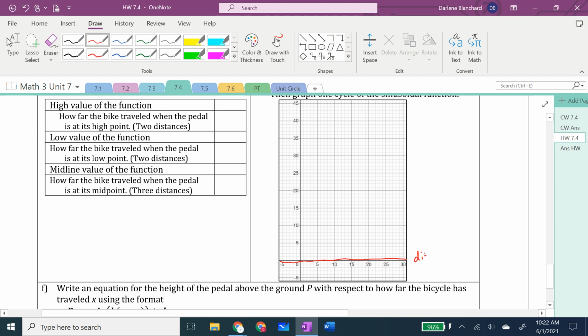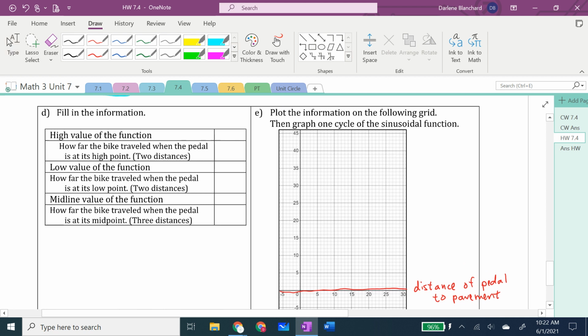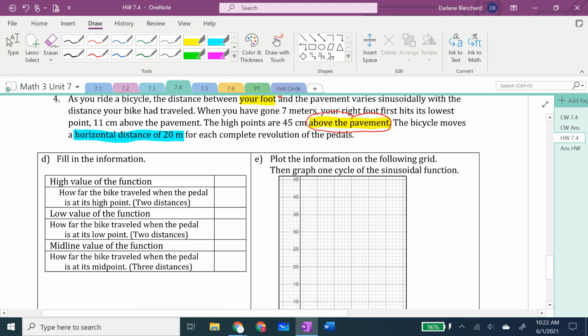This is the distance of the pedal to the pavement. Oh wait, I think I just said that backward, didn't I?